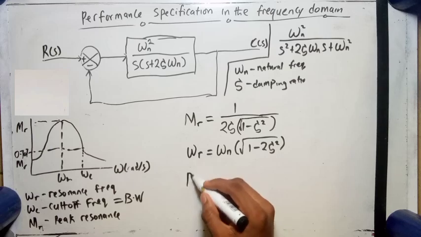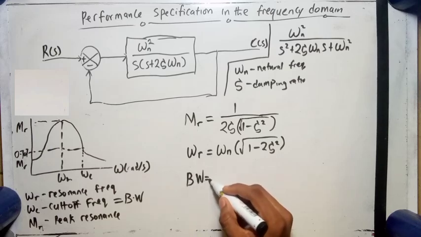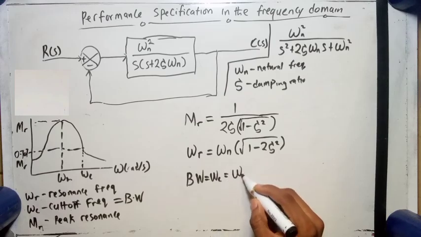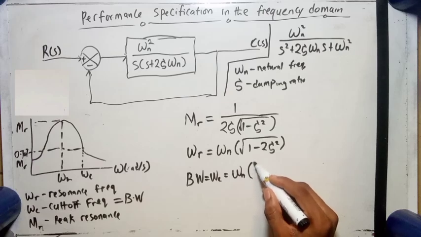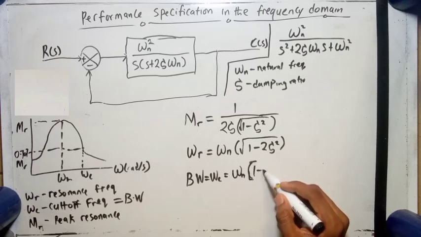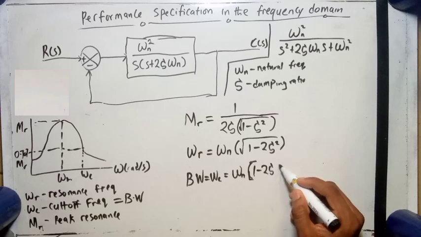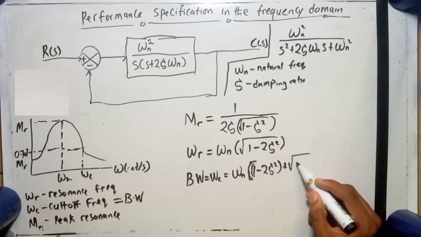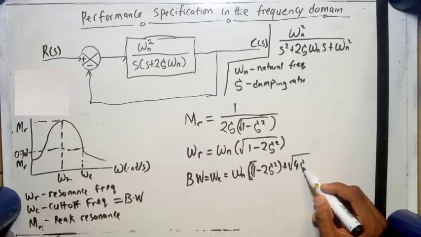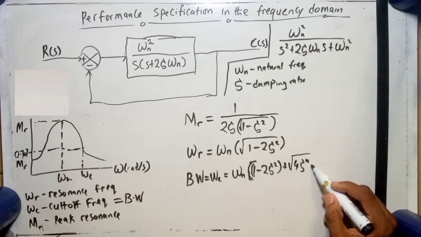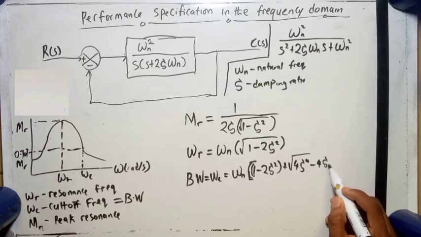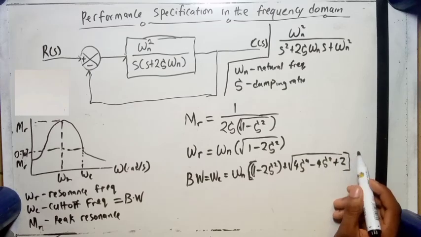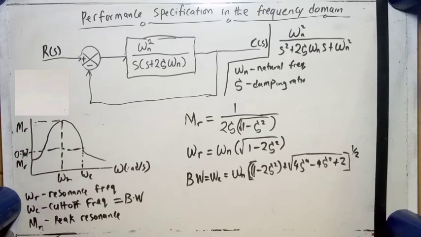Then our bandwidth, which is the same thing as our cutoff frequency, is given to us as our natural frequency multiplied by 1 minus 2 zeta square, plus root 4 zeta raised to the power 4 minus 4 zeta raised to the power 2 plus 2, all raised to the power of root 2.